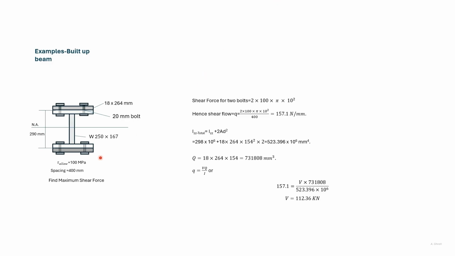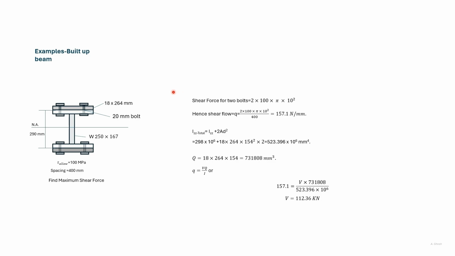We are also given the allowable stress and the spacing of the bolts. We are required to find the maximum shear force. First, we'll find out the maximum shear force and shear flow that the bolts can withstand.